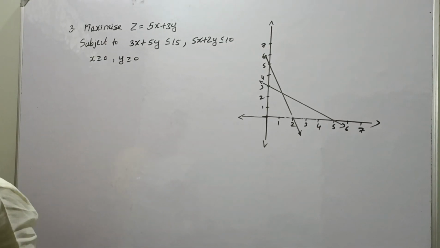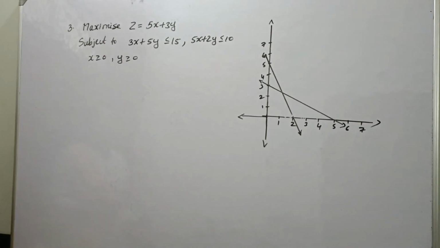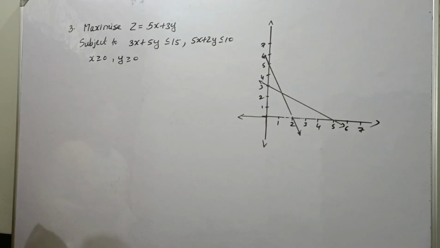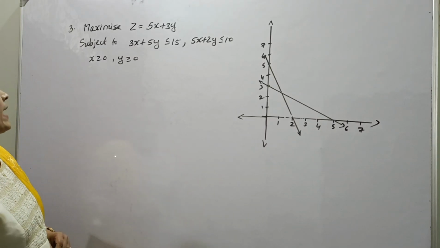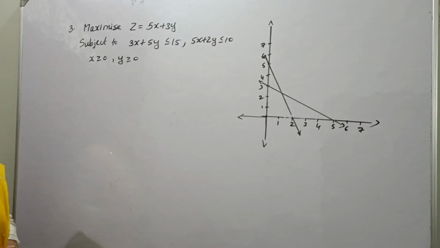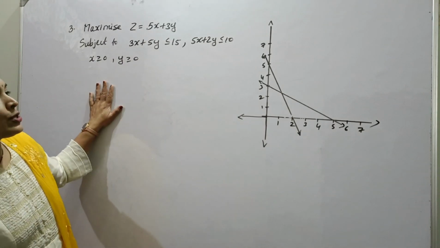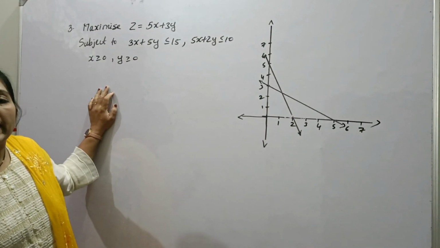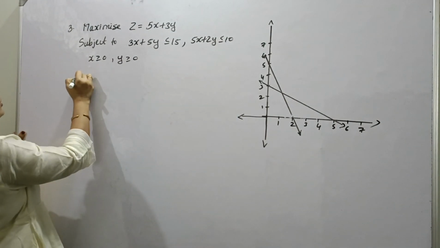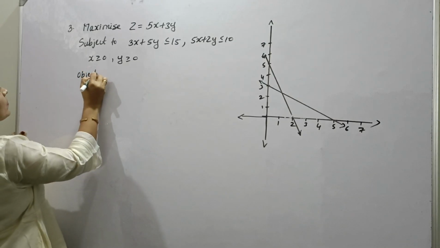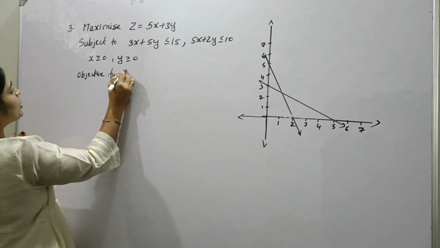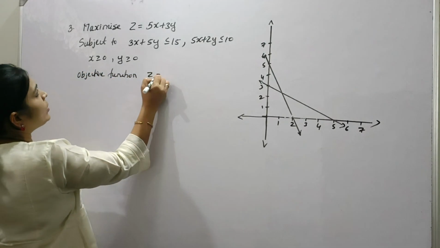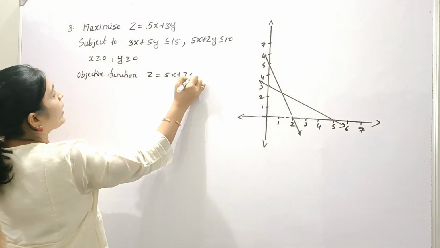Maximize z is equal to 5x plus 3y subject to 3x plus 5y less than or equal to 15, 5x plus 2y less than or equal to 10, x greater than or equal to 0, y greater than or equal to 0. Okay, so here also the objective function and constraints are given. Objective function is z is equal to 5x plus 3y, maximize.